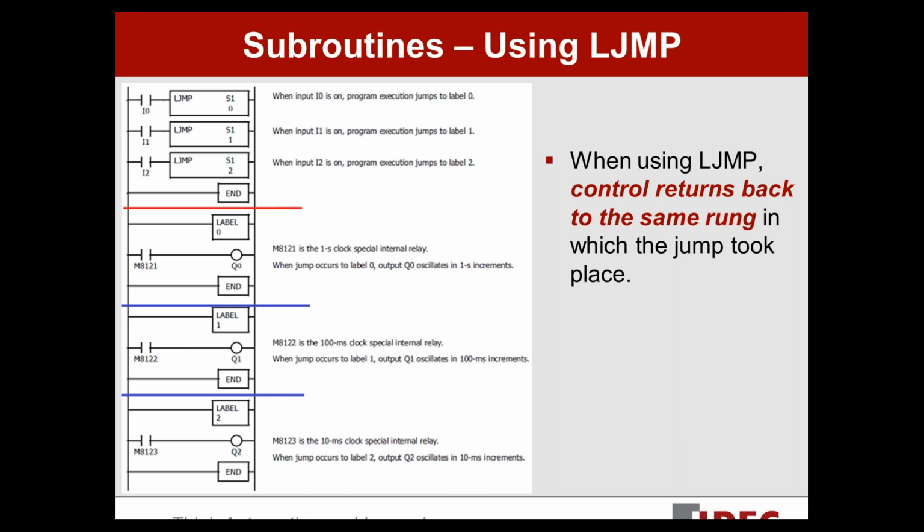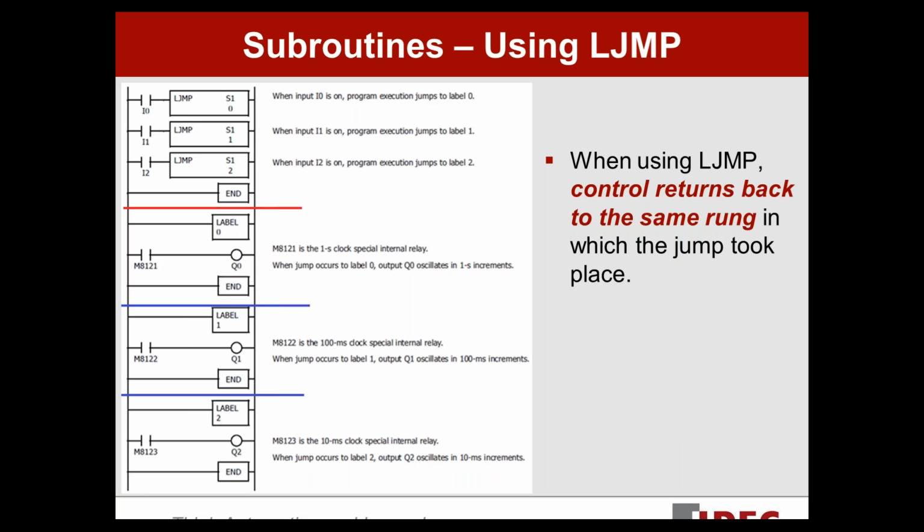In this example, we've only got one line of code. We've got a normally open contact of M8121, which, if you guys remember, is our 1 second clock special internal relay. So what that's going to do is turn on and off output Q0. It'll be on for half a second, off for half a second, on for half a second, off for half a second, as long as that subroutine is called.